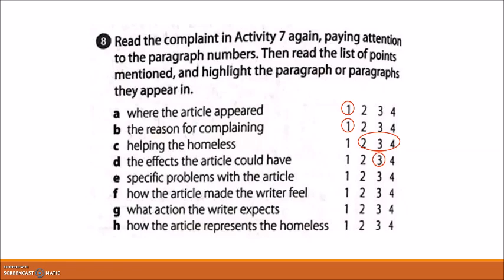Specific problems with the article are shown in paragraphs 1, 2, and 3. How the article made the writer feel is shown in paragraph 2. What action the writer expects is shown in paragraph 4. How the article represents the homeless is told in paragraphs 1, 2, and 3 again.